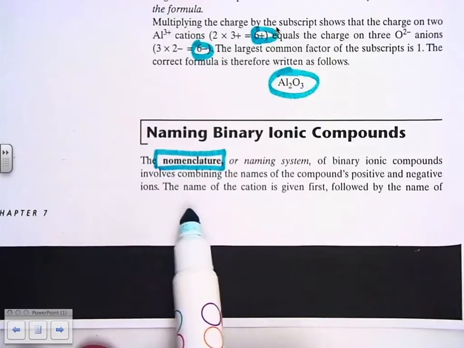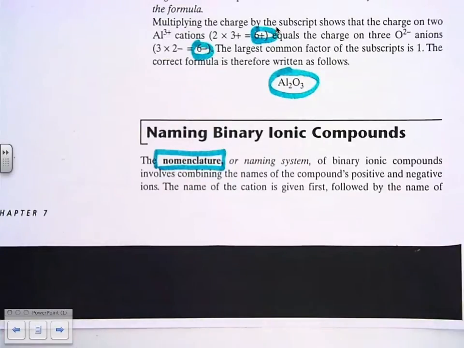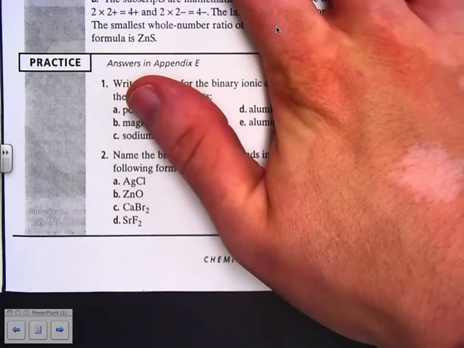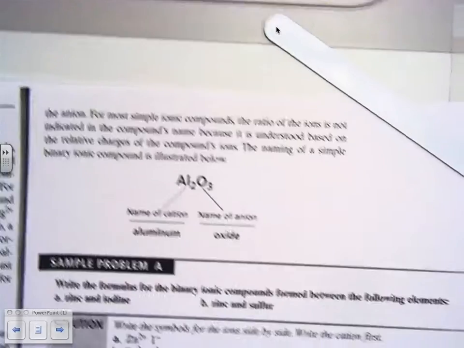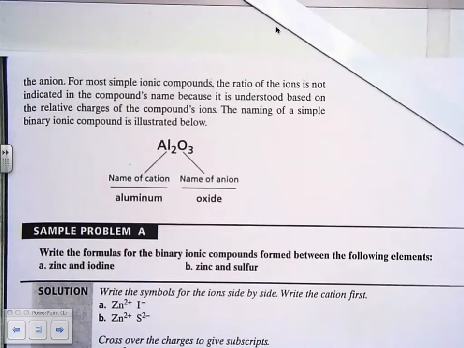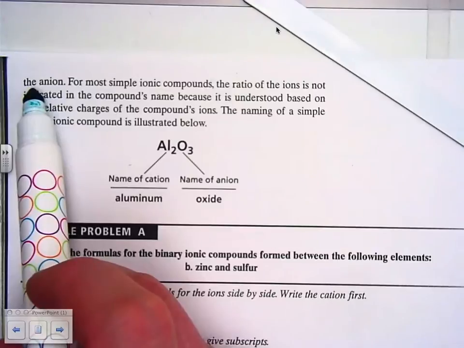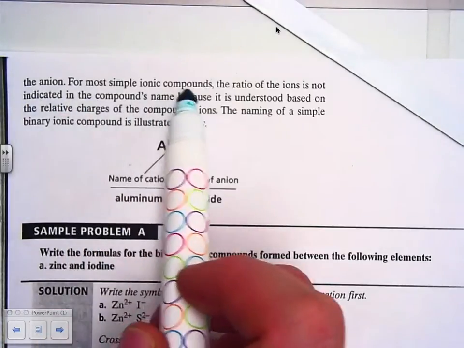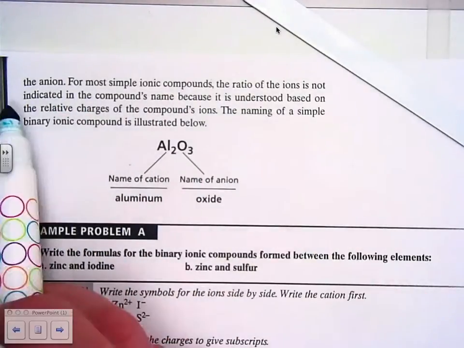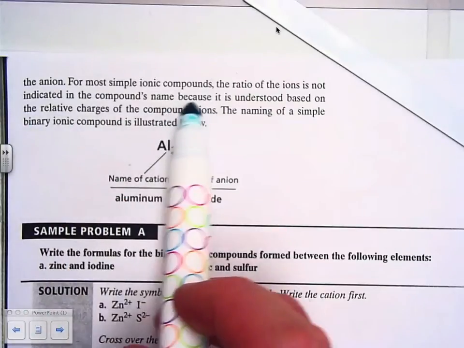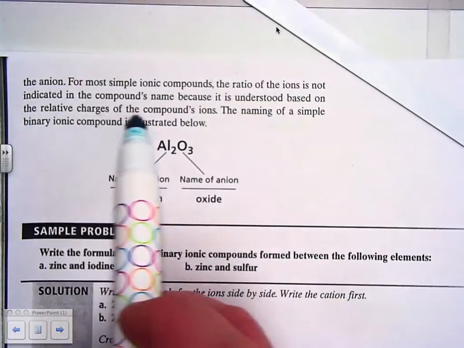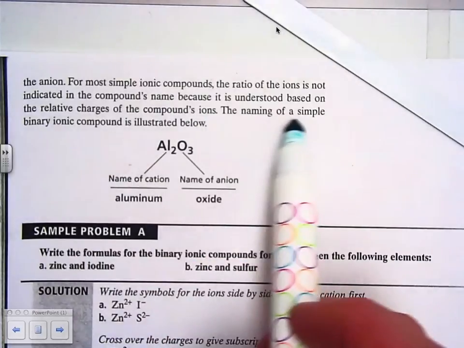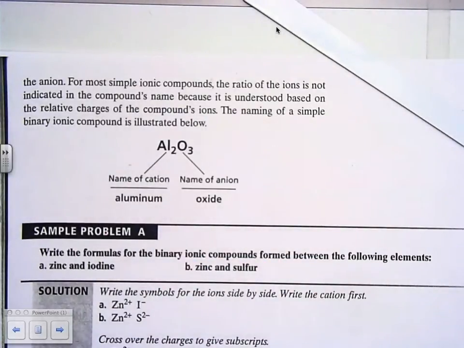The name of the cation is given first, followed by the name of the anion. For most simple ionic compounds, the ratio of the ions is not indicated in the compound's name because it is understood based on the relative charges of the compound's ions. The naming of a simple binary ionic compound is illustrated below.